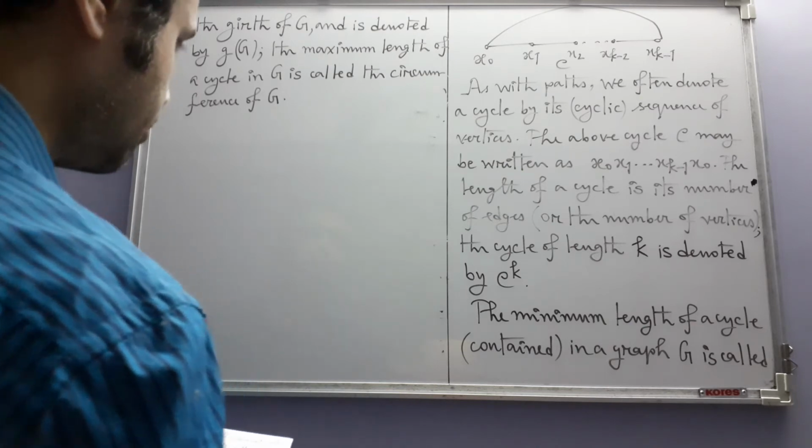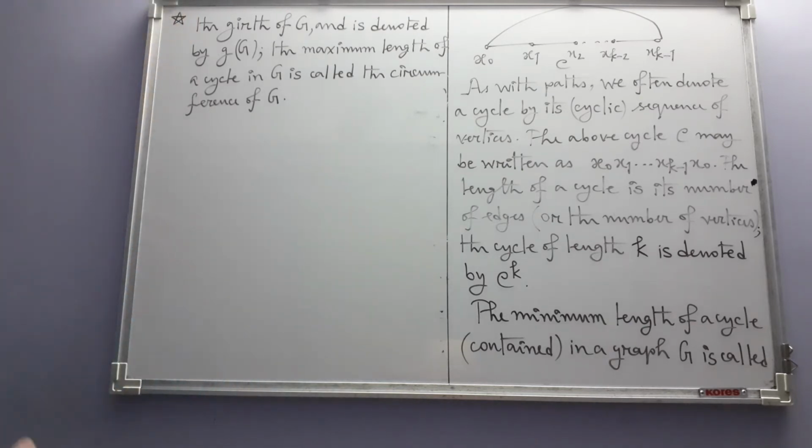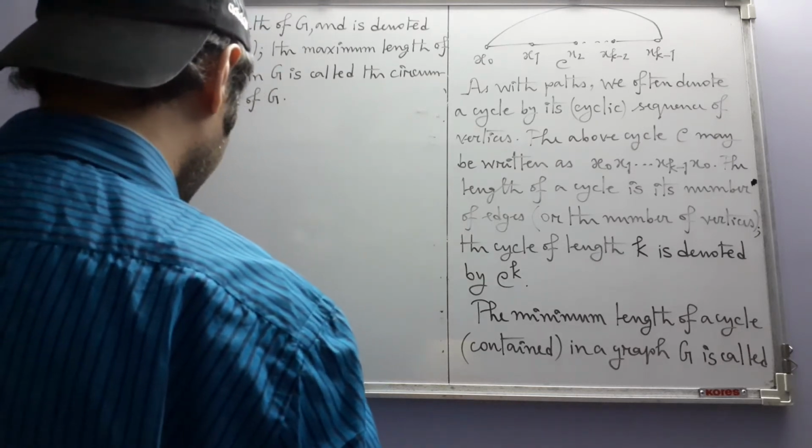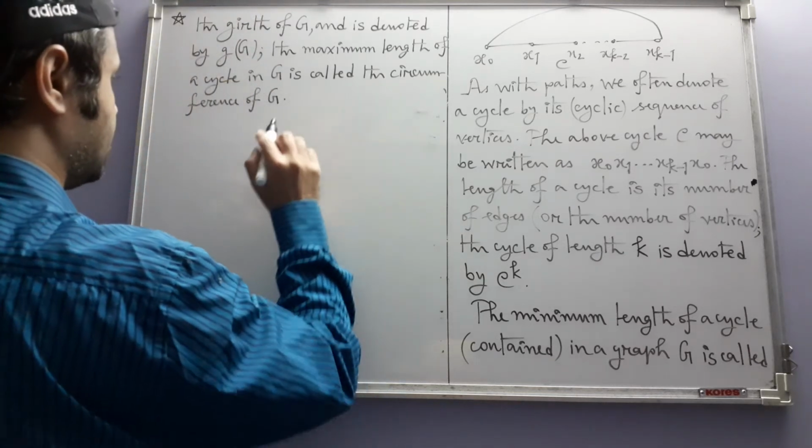Maybe there is a notation, I may have missed it. We will see later. If G does not contain a cycle, what happens then?